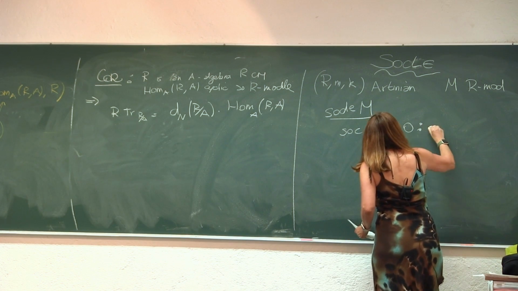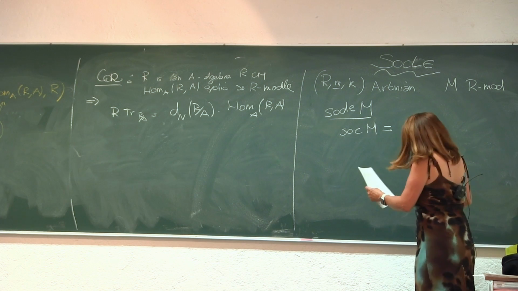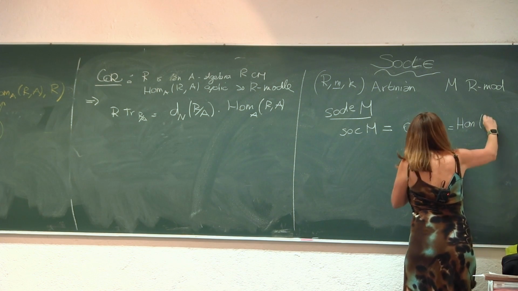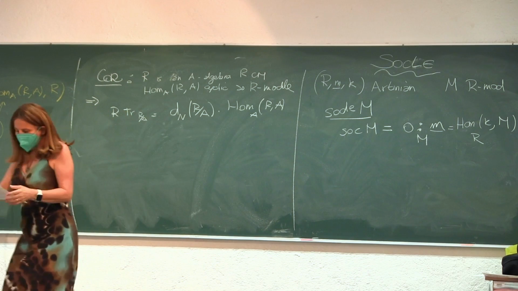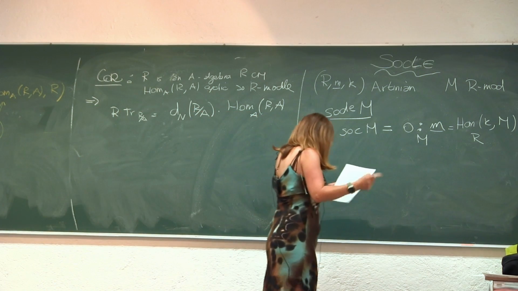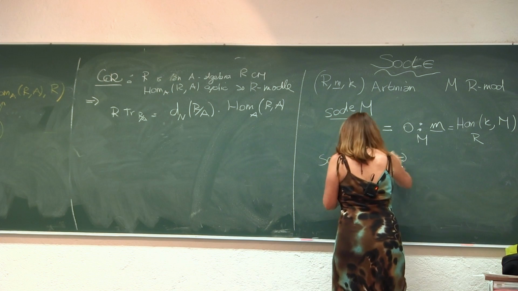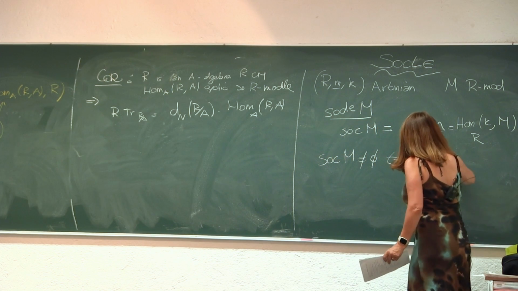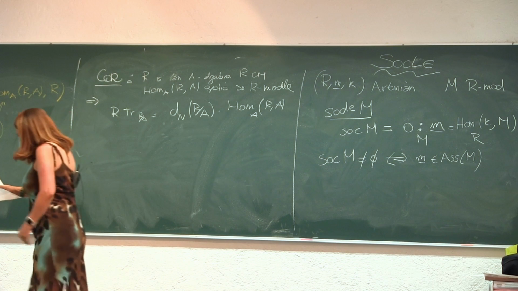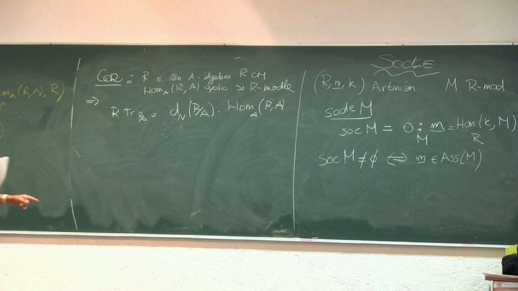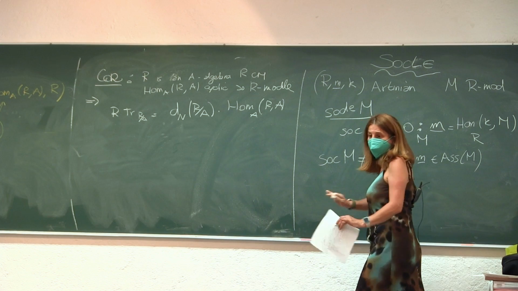We call it soc M. The socle of M is the largest K-submodule, K-vector space, contained in M. So it is the zero colon of the maximal ideal in M. If you want, you can also write it as Hom of K, M in R. And it's easy to show that the socle of M is non-empty if and only if the maximal ideal is an associated prime of M.